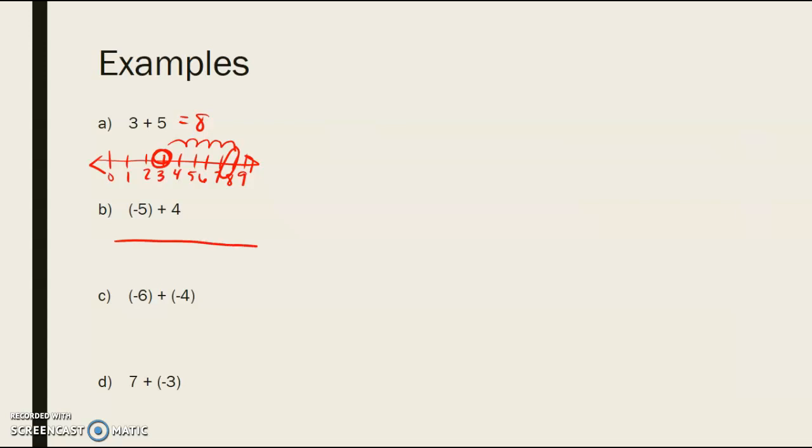Here on B, we're starting at a negative 5. So here, negative 6, negative 5, negative 4, negative 3. Remember, if you're using a number line to help you with these, the negatives start big and go small as they get closer to 0.